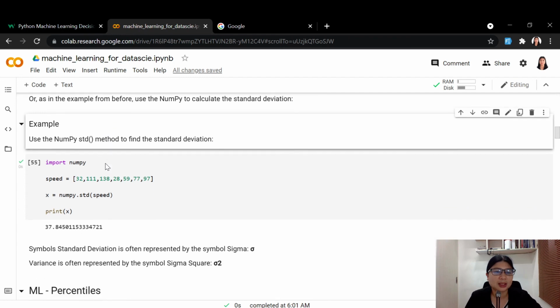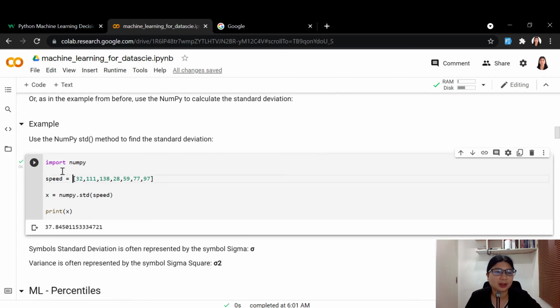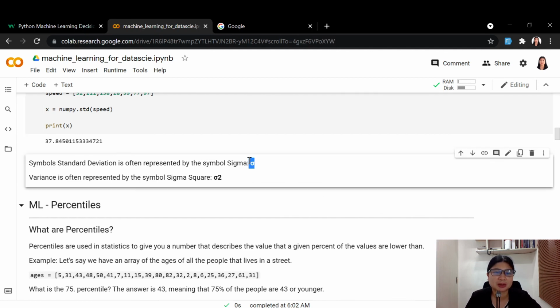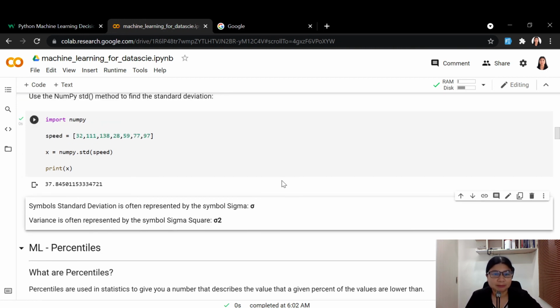Or as an example, we can calculate the standard deviation by, of course, using the std function. So, the symbol of the standard deviation is often represented by sigma, and variance is often represented by sigma squared. Okay? So, amo na siya class ang standard deviation and variance. Okay?